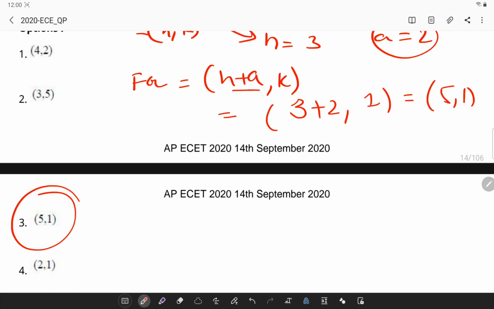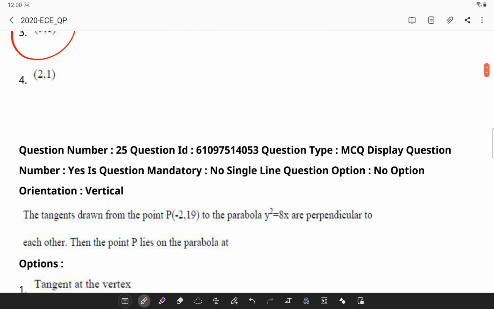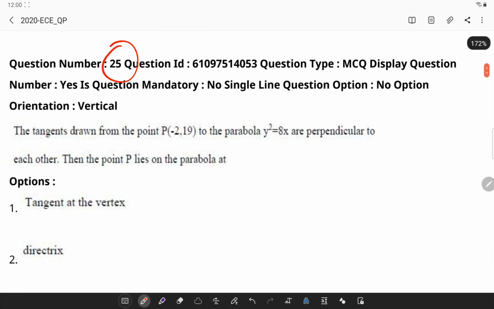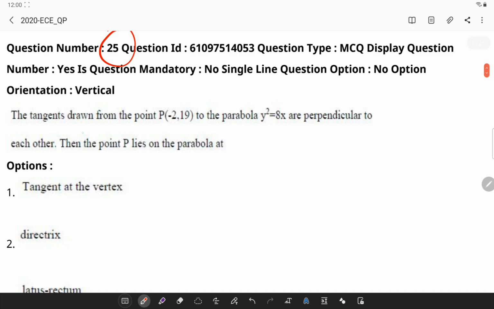So today's last question, which is half of our maths. The tangents are drawn from a particular point to the parabola.